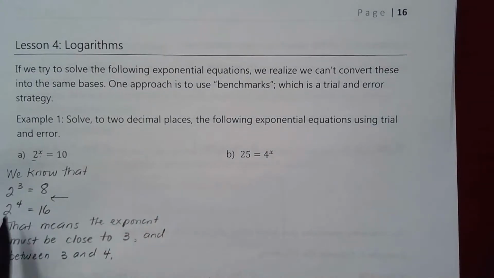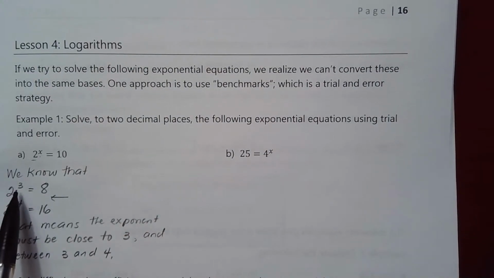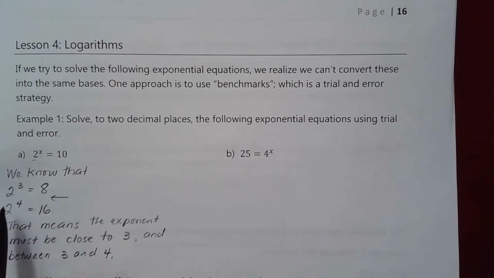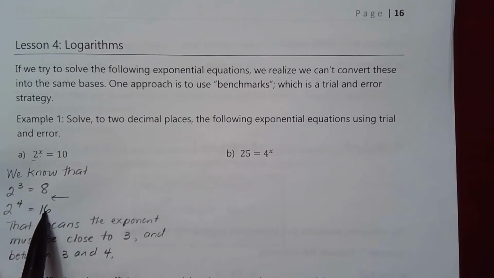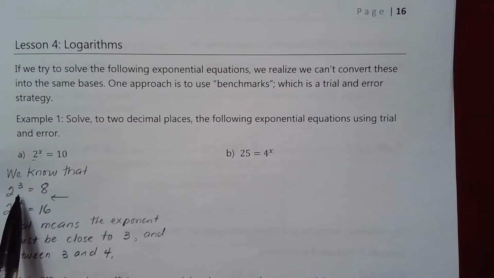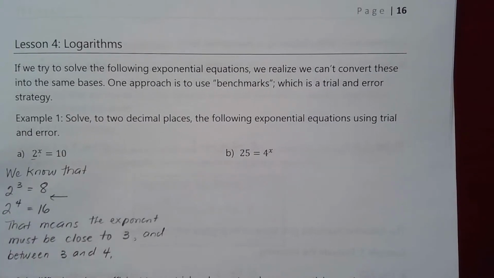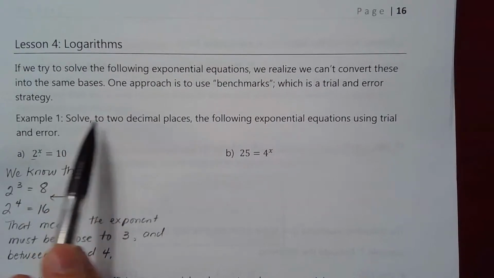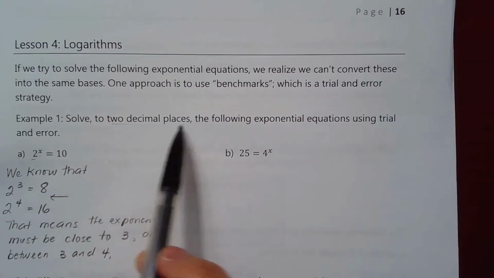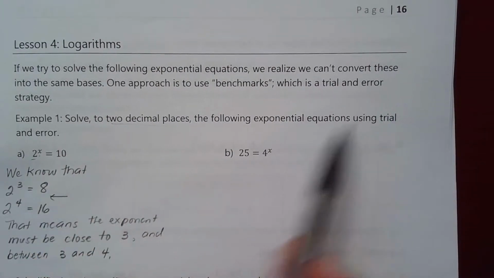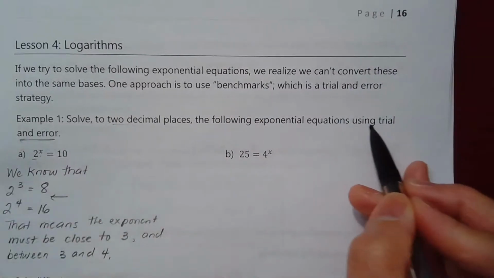If it's 2 cubed, that gives us 8. If it's 2 to the 4th, that gives us 16, too much. So we're going to look for somewhere in the middle. This is where we're going to solve to 2 decimal places the following exponential equations using trial and error.